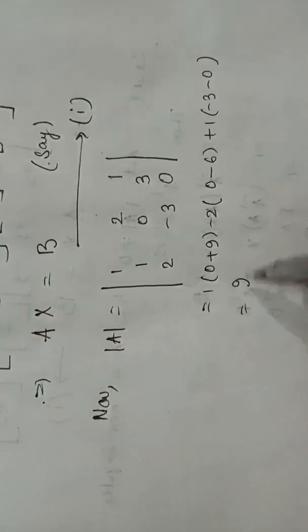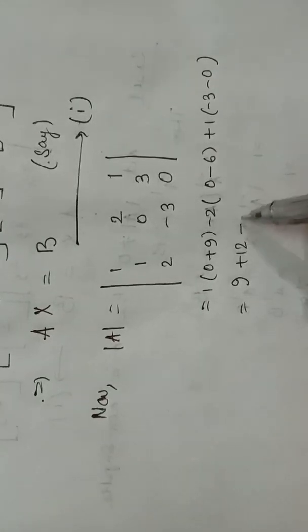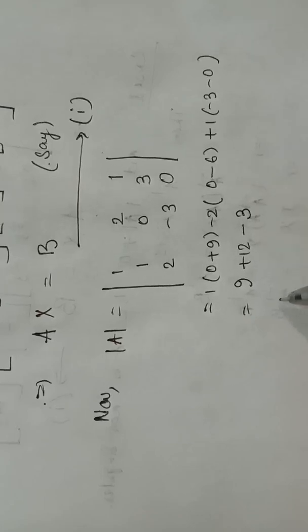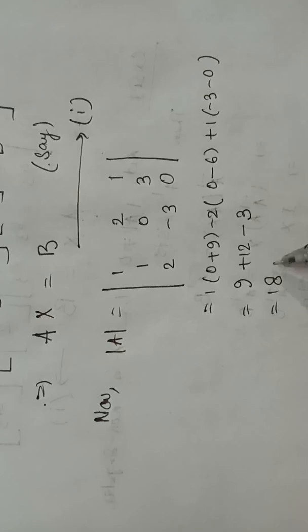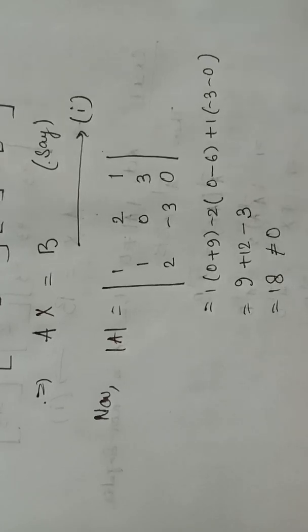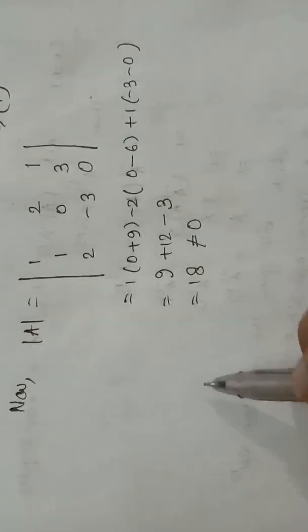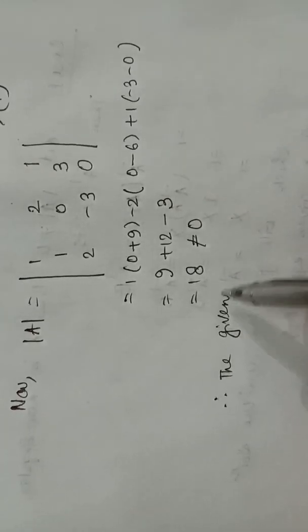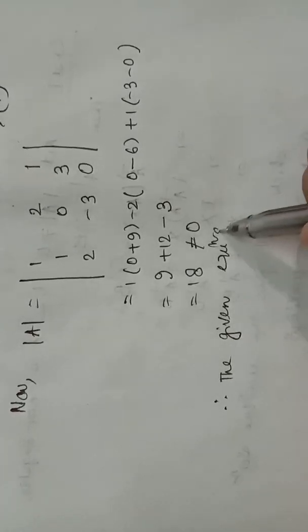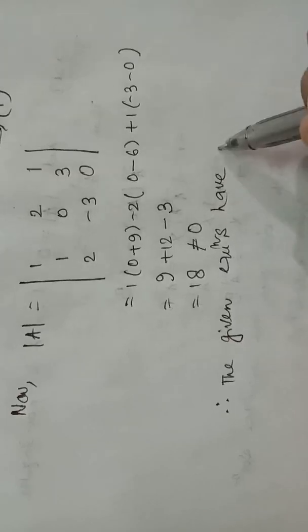So 9 plus 12 minus 3 is equal to 18. That means det A is non-zero, A inverse exists, and therefore we can say the given equations have a unique solution.